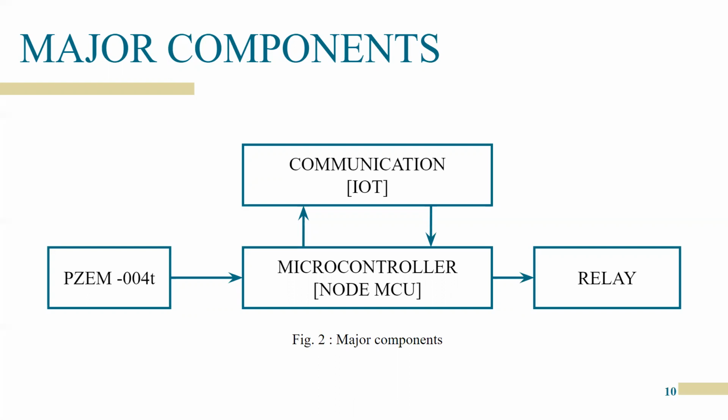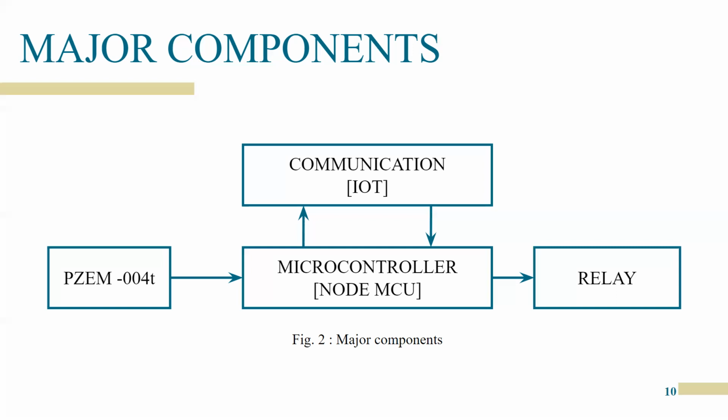As you can see in this block diagram, the data from the PSDM0040, which is our energy sensor, is coming to the microcontroller. The microcontroller we are using is a NodeMCU, which has an inbuilt Wi-Fi module. This data can be analyzed by the microcontroller, and it can also be sent to the communication part, which is where the IoT comes in.